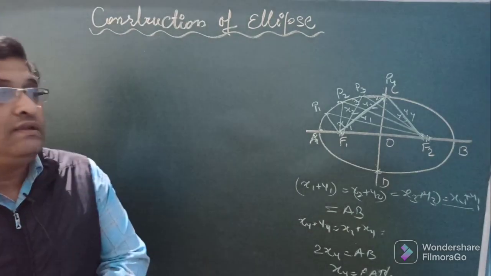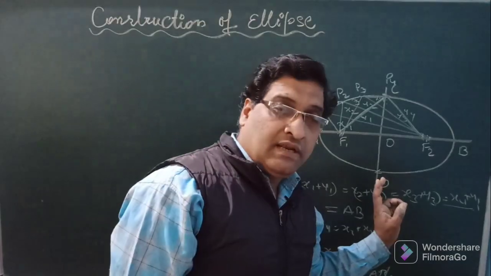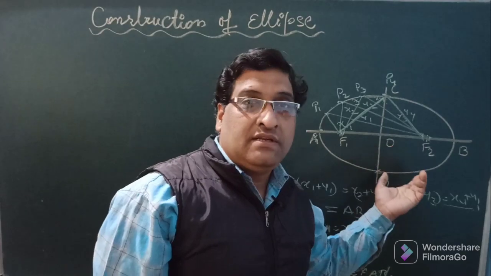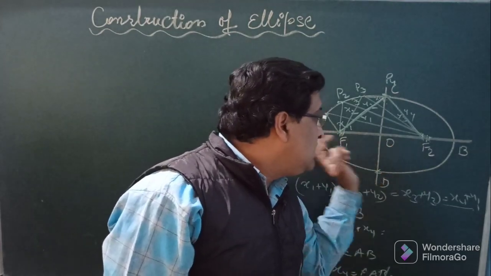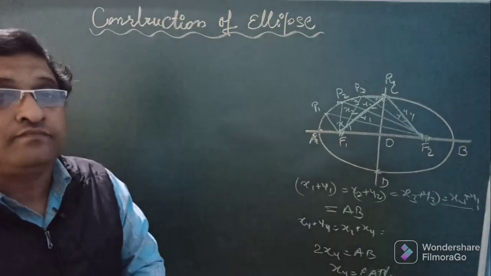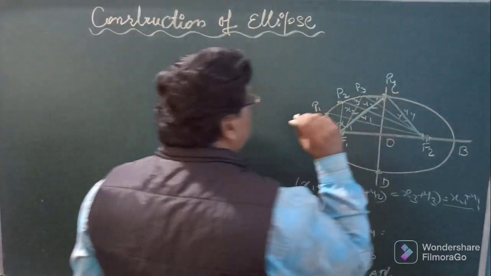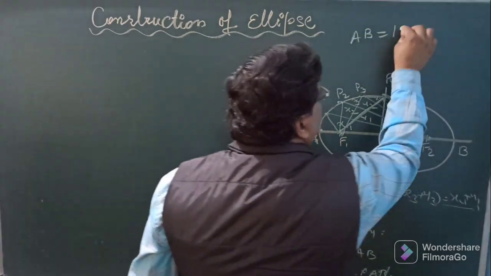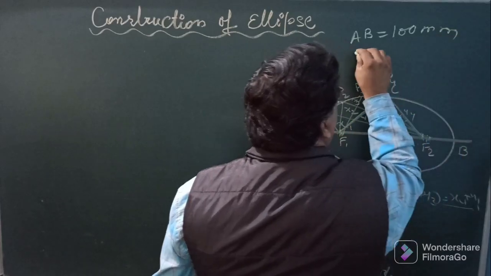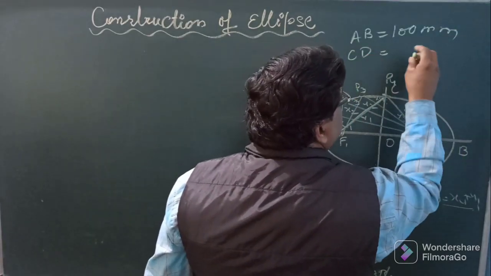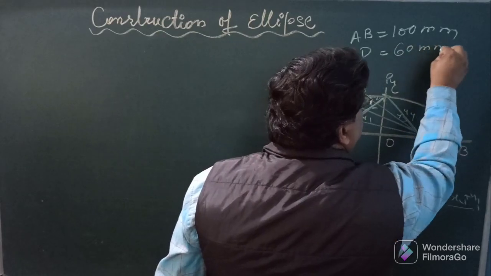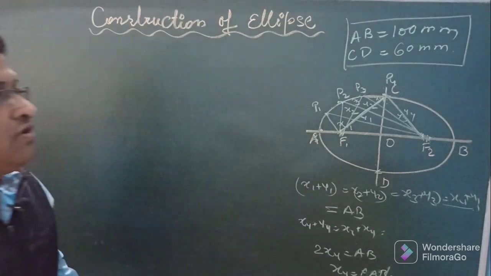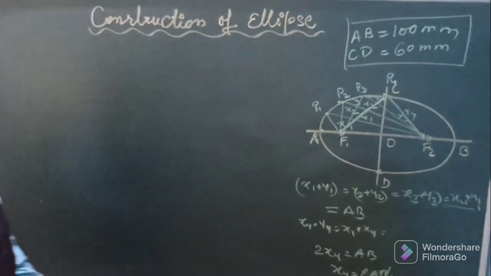So either you are given AB and CD, that is major and minor axis, then you can draw the ellipse curve using these methods, or if you are given F1 F2 and AB, then also you can draw this ellipse. So let us consider a problem that AB is given as, say, 100 mm and CD is given as, for example, 60 mm. Taking these two data, you can easily draw the ellipse using the specific methods.